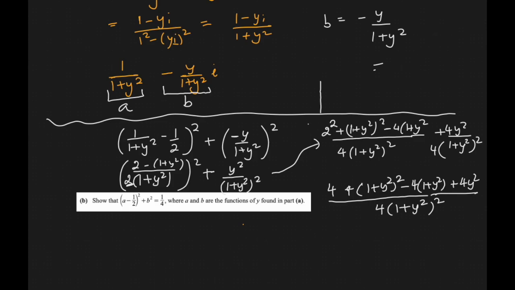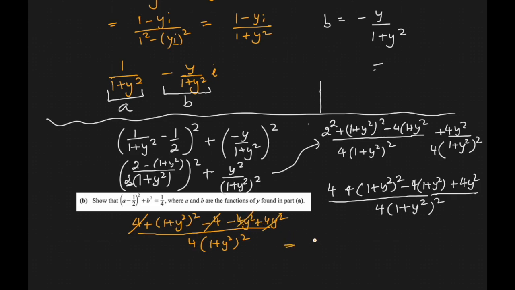Okay, if I keep this 4 as 4, then 1 plus y square as 1 plus y square, but I open this bracket only because I can see that they can cancel out. Minus, I'll have to minus 4y square plus 4y square over 4 times 1 plus y square, squared. This 4 cancels with minus 4. This minus 4y square cancels with 4y square.